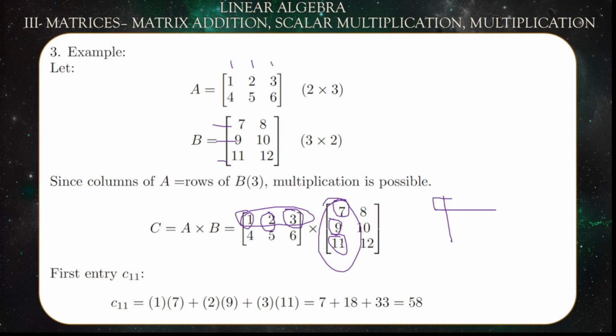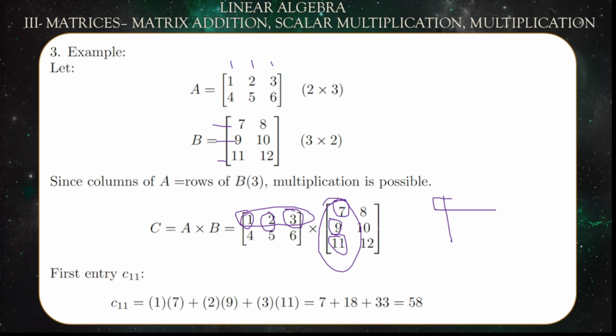They intersect at this position, which means that would be C12, the element at the first row but at the second position within the matrix. So C12 is equal to 1 times 8 plus 2 times 10 plus 3 times 12, which is equal to 8 plus 20 plus 36 equals 64.